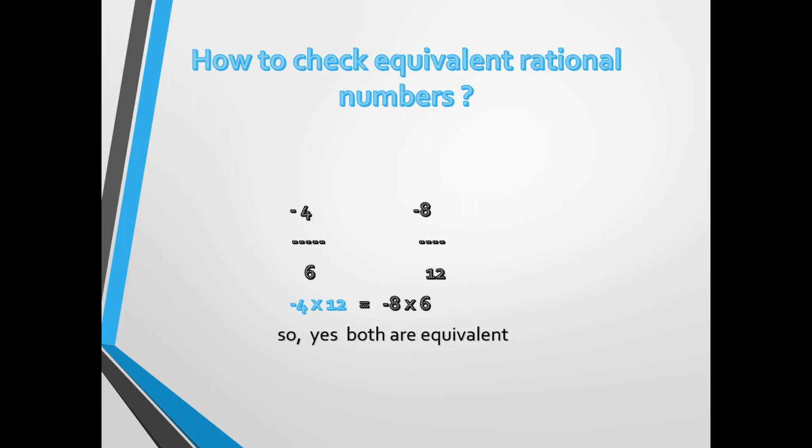Yes, both are equal, so both are equivalent. So by just doing cross multiplication we can check which one is greater, which one is smaller, and whether they are equivalent or not. In this way we can find easily.